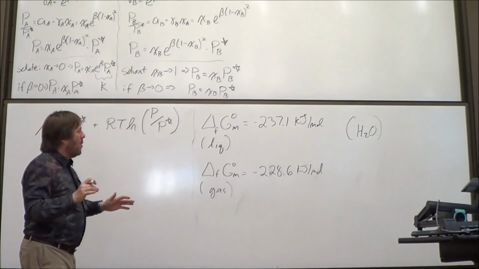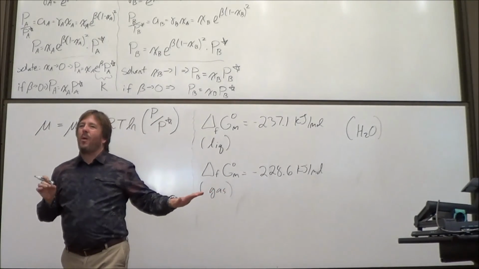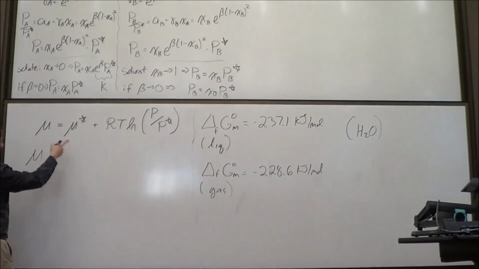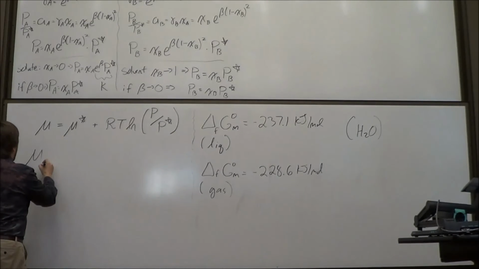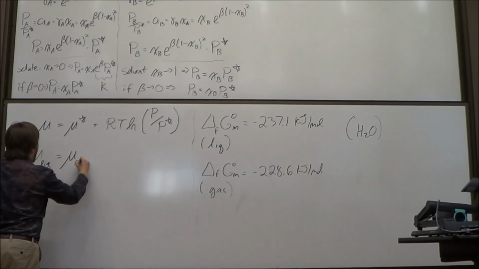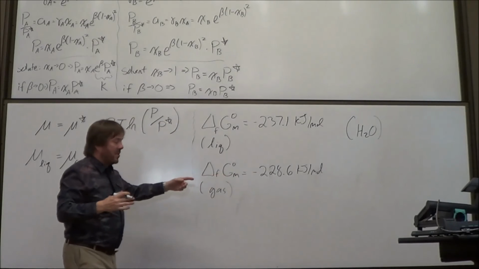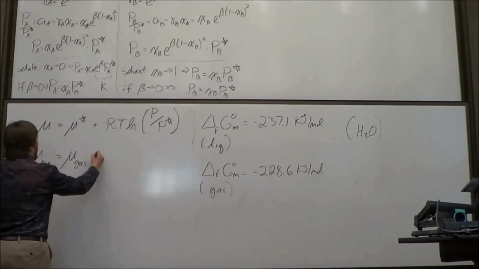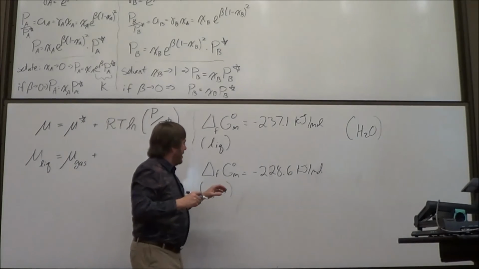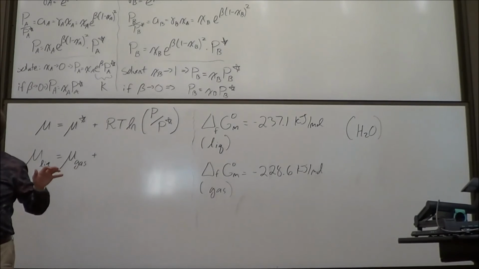Okay, but I know that they still have equilibrium, right? So I should be able to equate these two. And the way you do this is, again, just using this formula, which I tried to make generic, the liquid would have to be equal to that of the gas. The reason they're not the same, remember, these are the chemical potentials, is because you've got to take into account the fact that they would be equal if the partial pressures were the same, right?